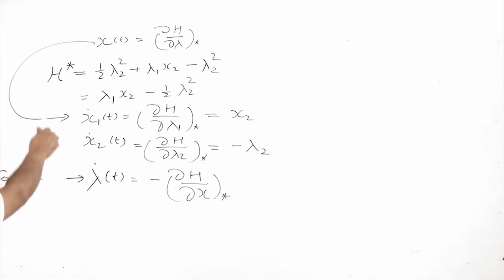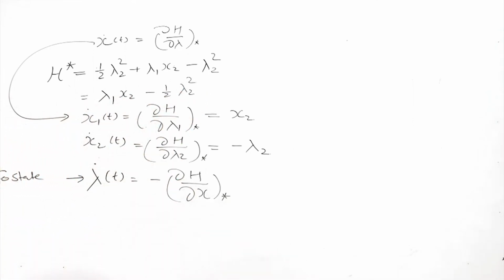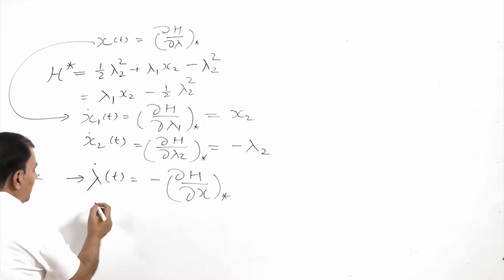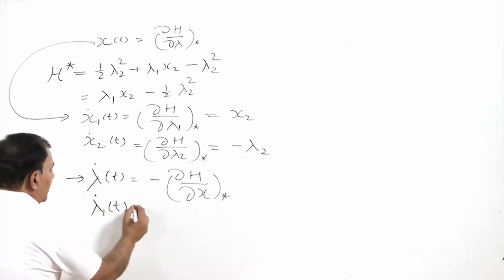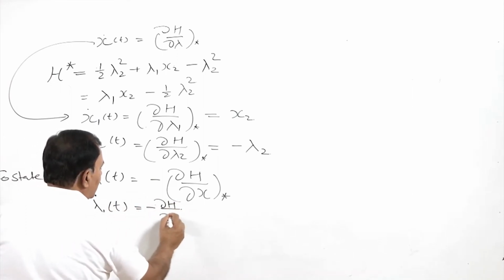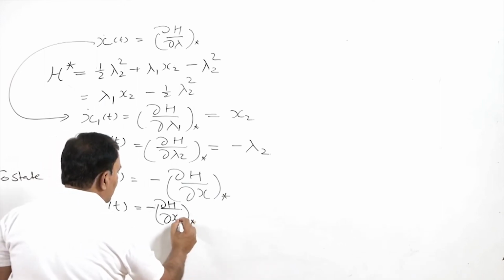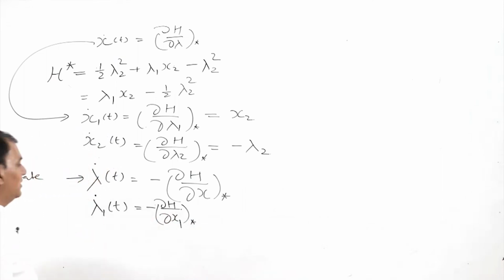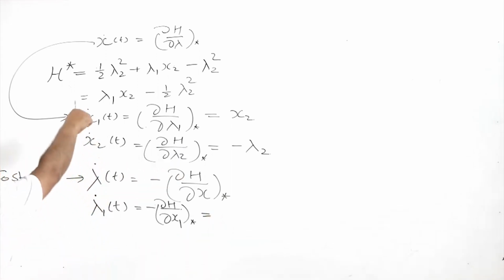My optimal h is this, so we take del h by del x. Again lambda is a vector of lambda 1 and lambda 2. So lambda 1 dot t is minus del h by del x1, with respect to x1.